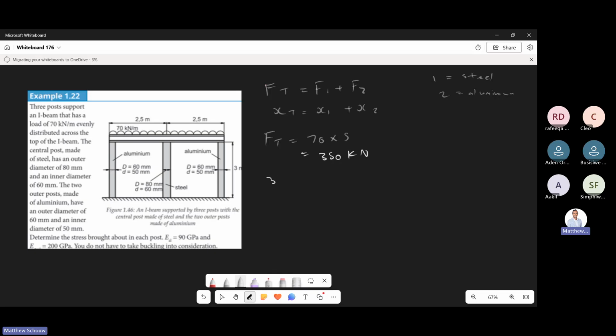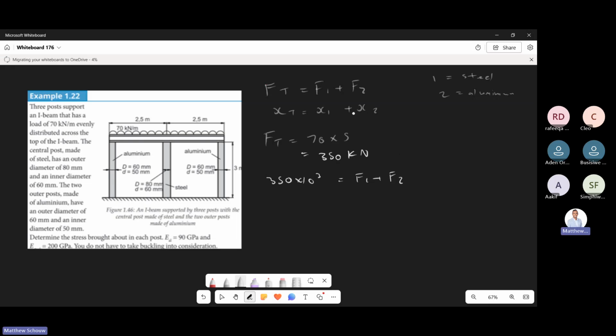So it's going to be 350 times 10 to the power 3 equals F1 plus F2. All right, that's what we have now. The problem is we don't know F1 and F2. So what we're going to have to do is come to this equation over here.